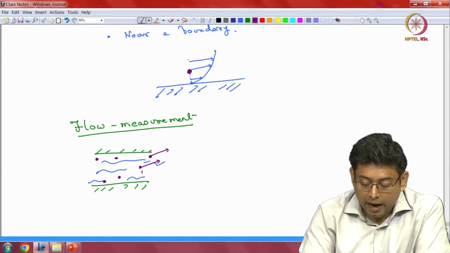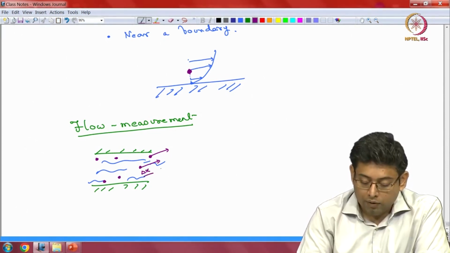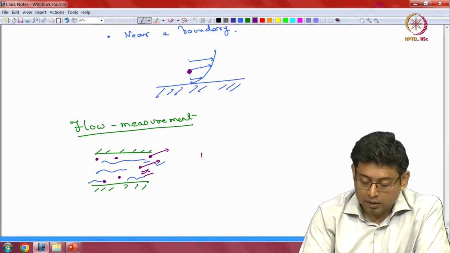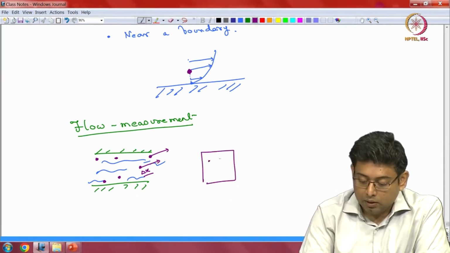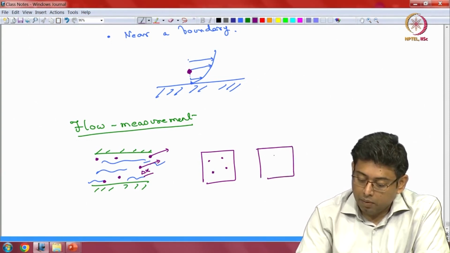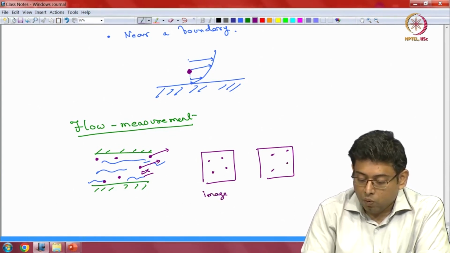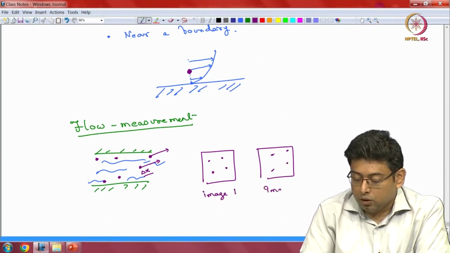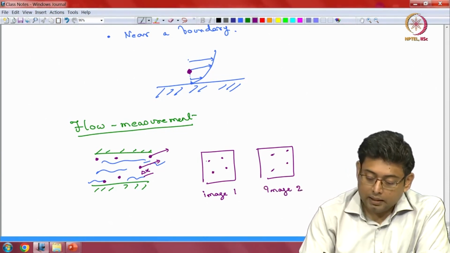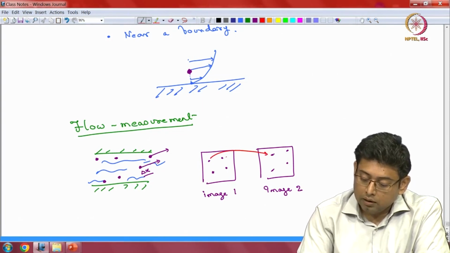So if you can get the local delta x of the particle, and you have two images, let's say you take one image in which the particles are somewhat like this, and then in the next image the particles have moved a bit. So this is image 1, this is image 2. I can say that this particle corresponds to this particle, and this particle corresponds to this.